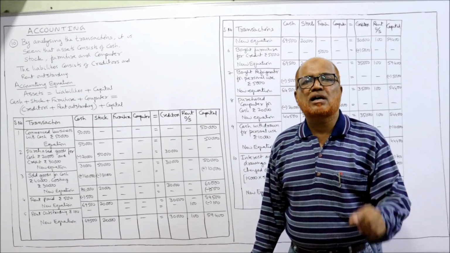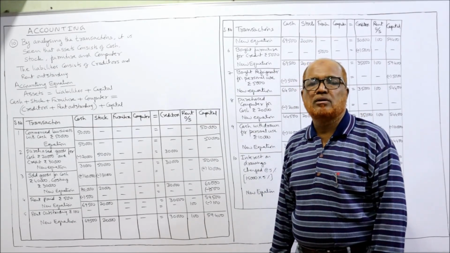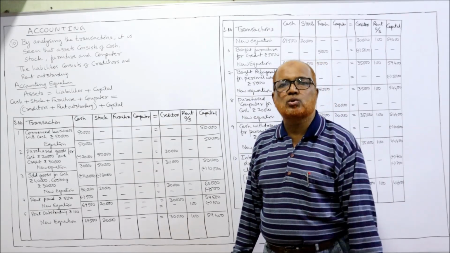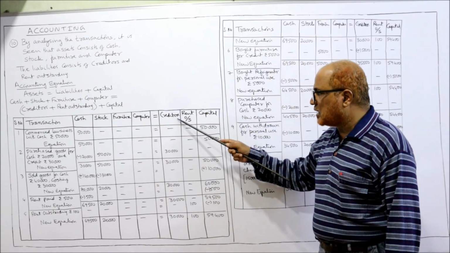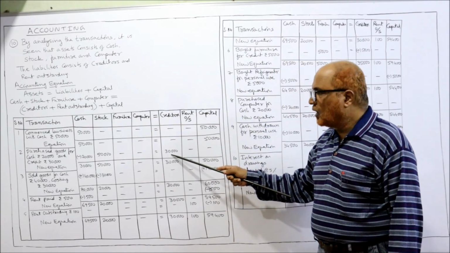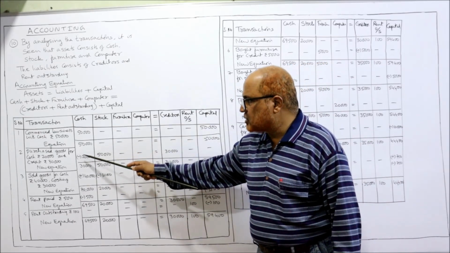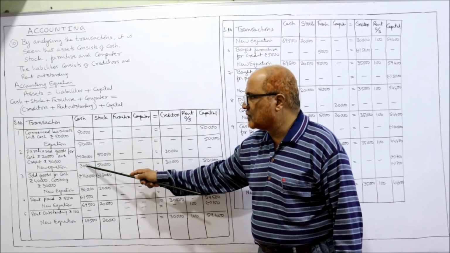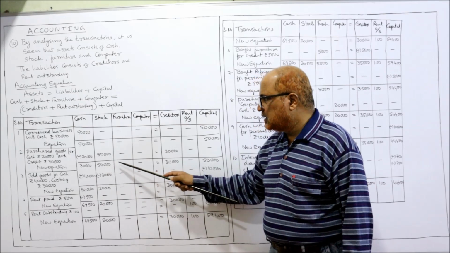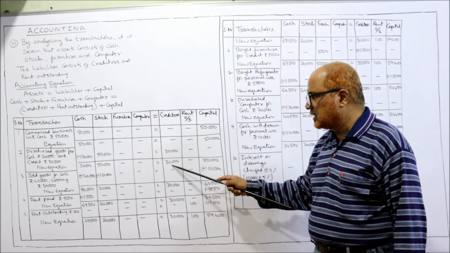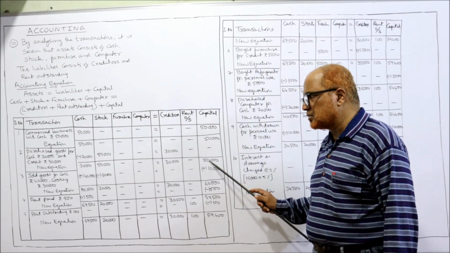Remaining 30,000 is the credit purchases. Credit purchases will give rise to creditors. So in creditors column 30,000. Now we'll find out the equation. 50,000 minus 20,000, 30,000, and this 50,000. Then dash, dash. This is 30,000 and this is 50,000.